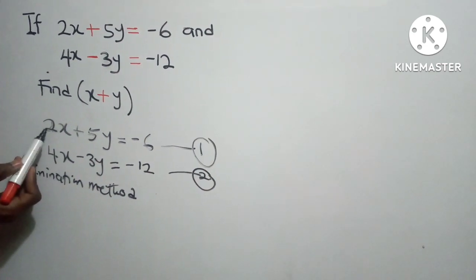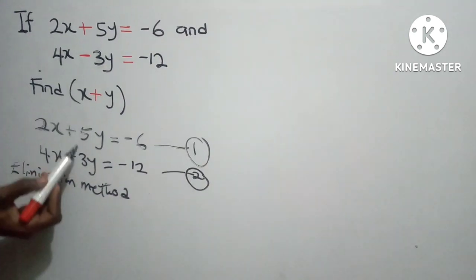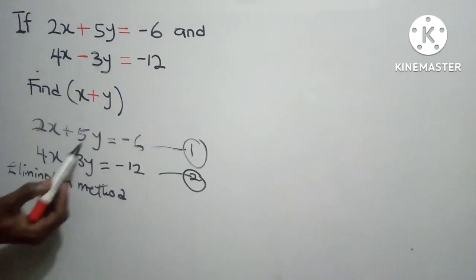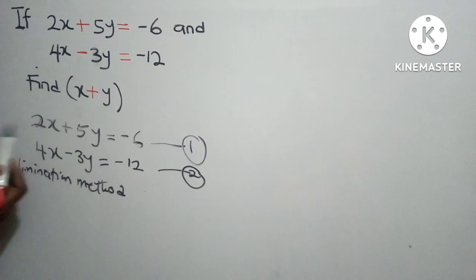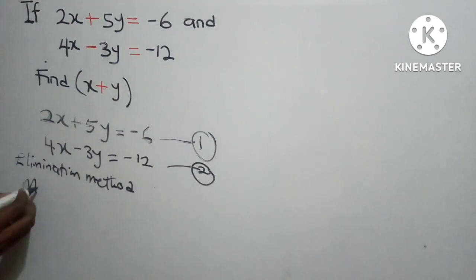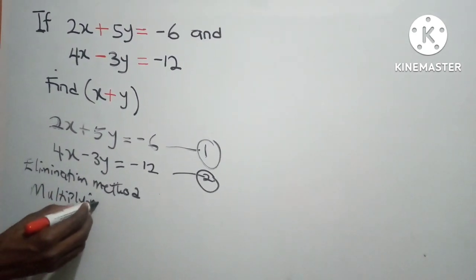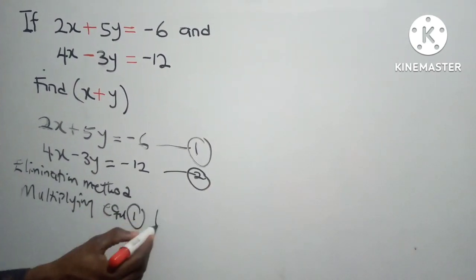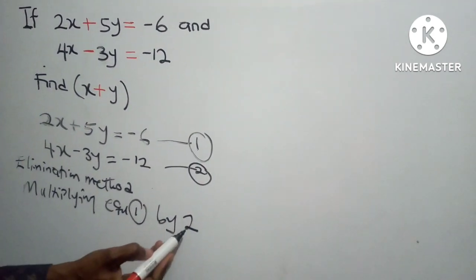So 4x minus 4x will give us 0, so that we can find the value of y, since we are now going to have only a single variable in the two equations. So how do we make this one 4x? We can do that by multiplying equation 1 by 2. The value 2, not equation 2.